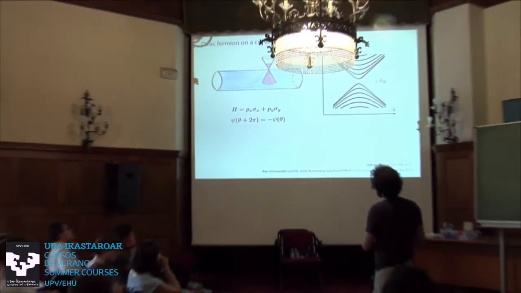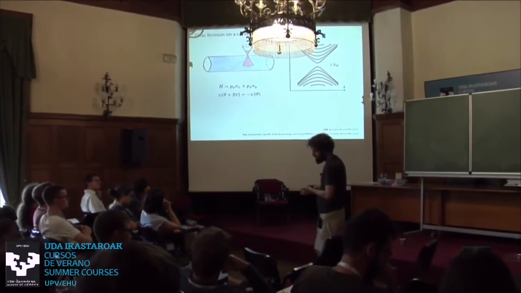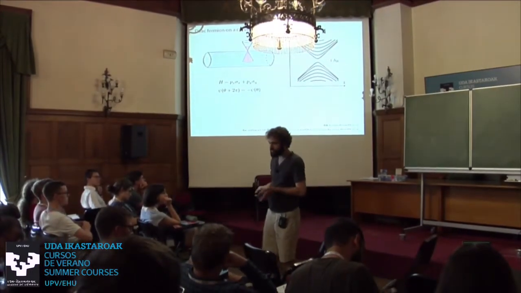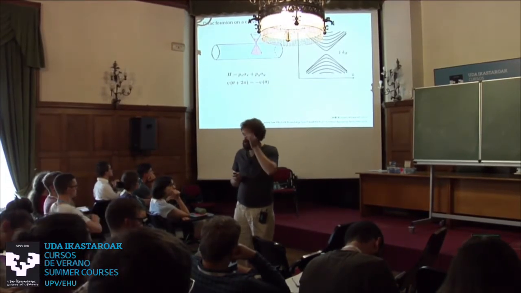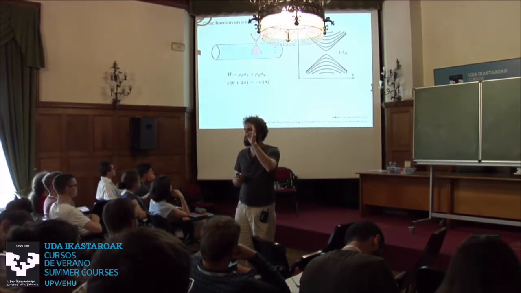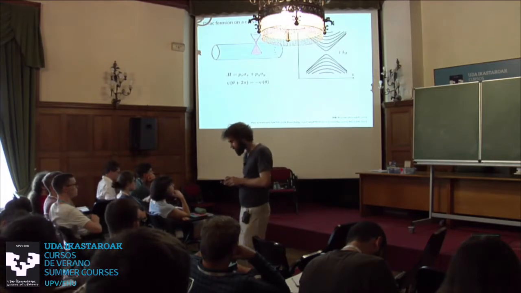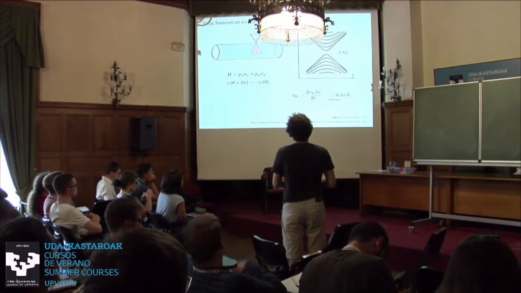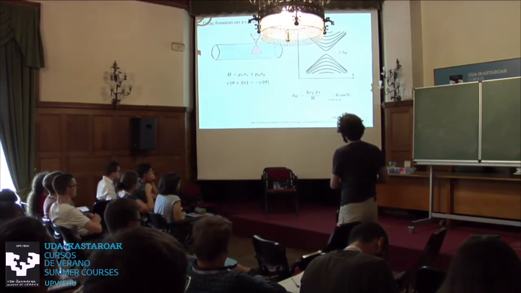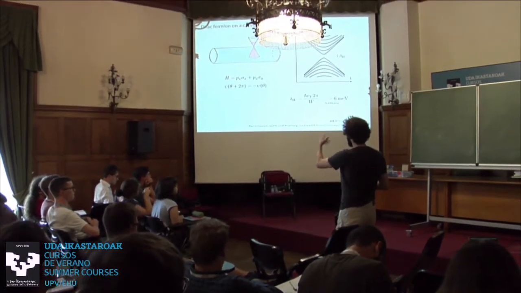Now, these wires, when you make them, are relatively large. They can be a couple of 100 nanometers in width. So then you say, well, then this gap must be tiny, so I can forget about it. But that's actually not true. This is the gap, it's just a quantization gap, and now W is the circumference of the wire.